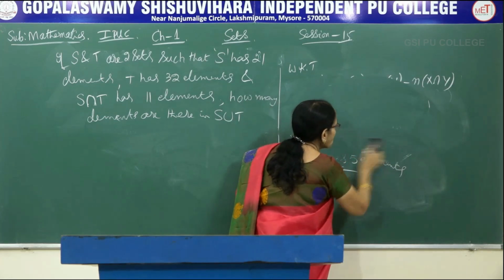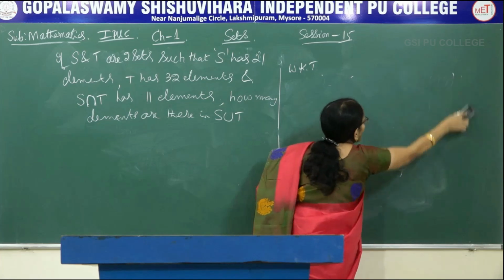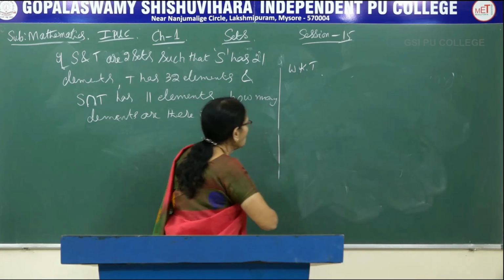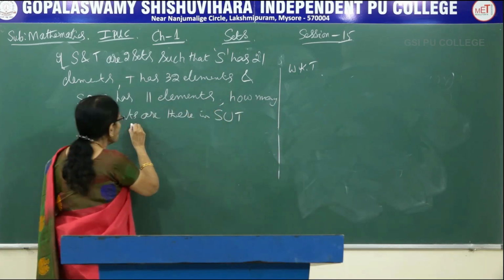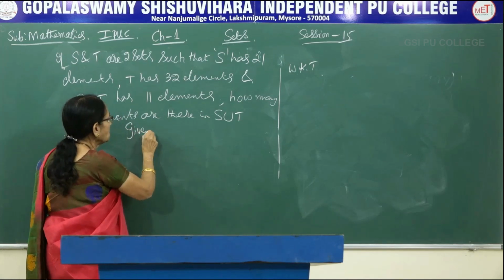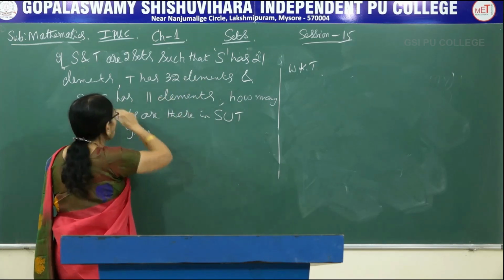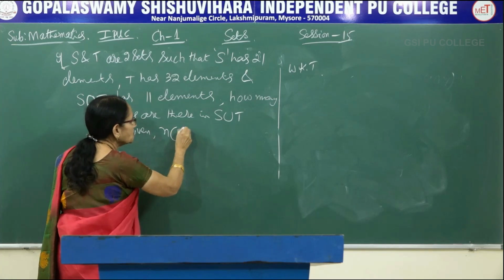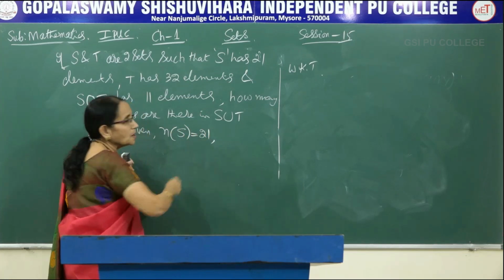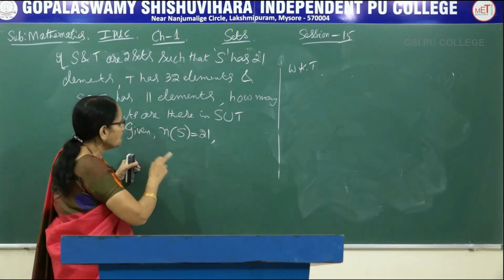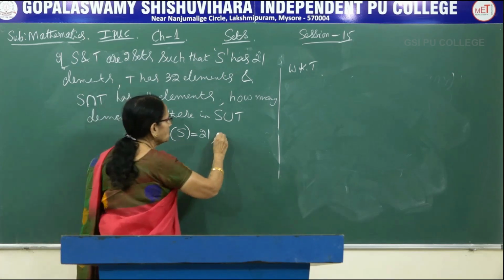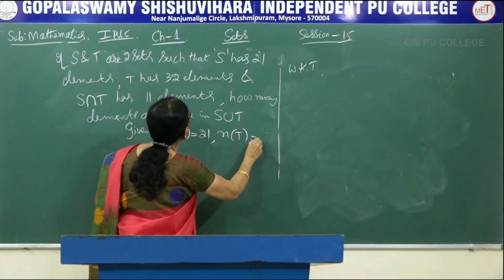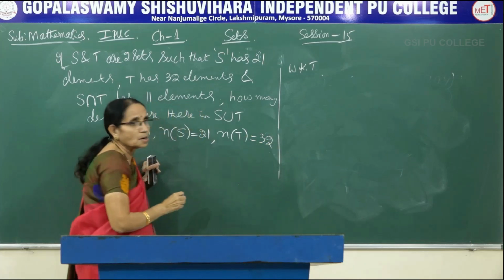So let me write in the standard form using the notation. Let us see what is given. First, S has 21 elements, that is, n of S is 21. And T has 32 elements, that is, n of T is equal to 32.